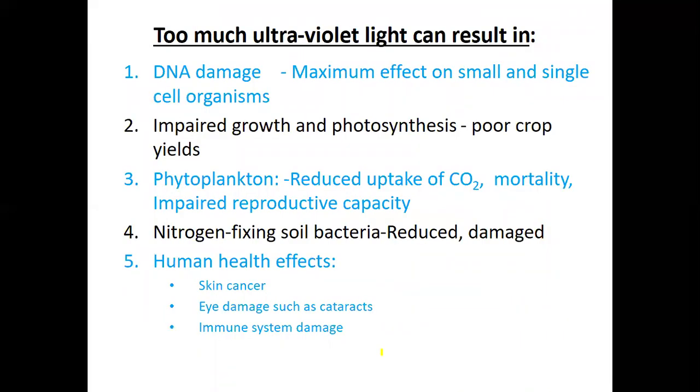So now we see the adverse effects of ultraviolet rays coming to the Earth's surface.